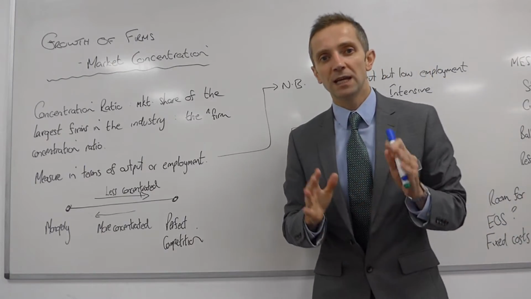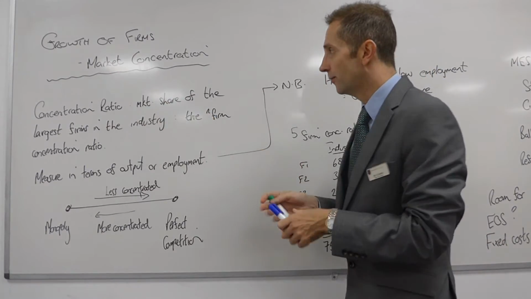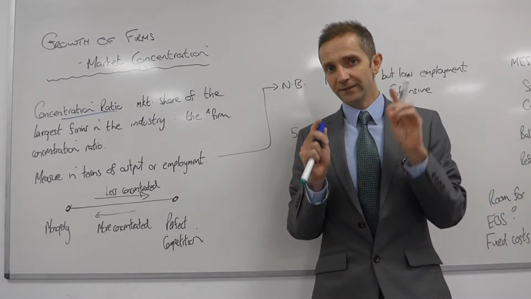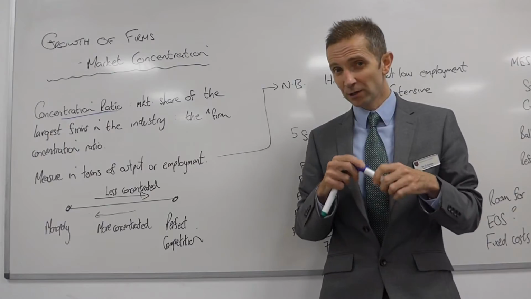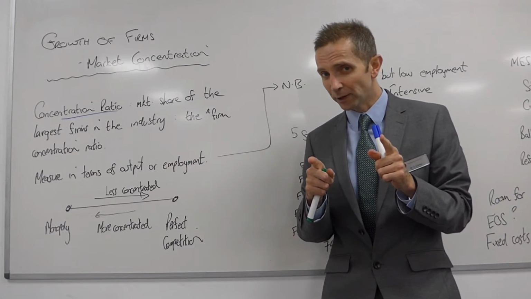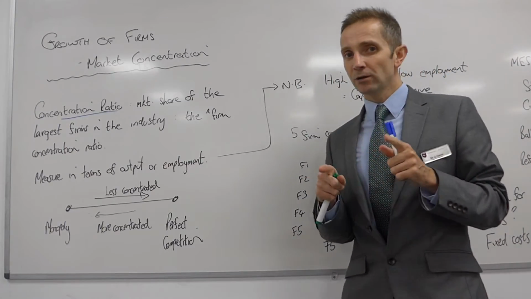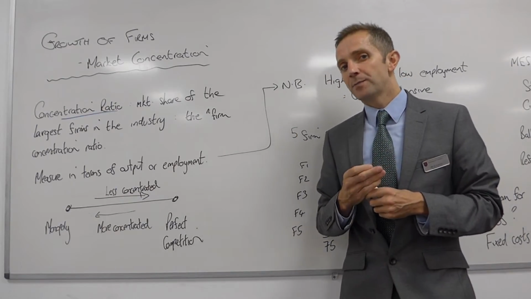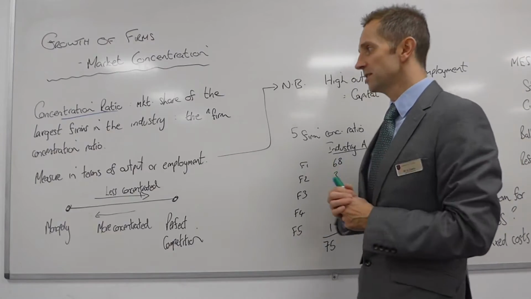So, what do we mean by this notion of the concentration ratio? Well, in very simple terms, we're looking at the number of firms in an industry, and then seeing what market share is occupied by, let's say, the top 5 firms in the industry.